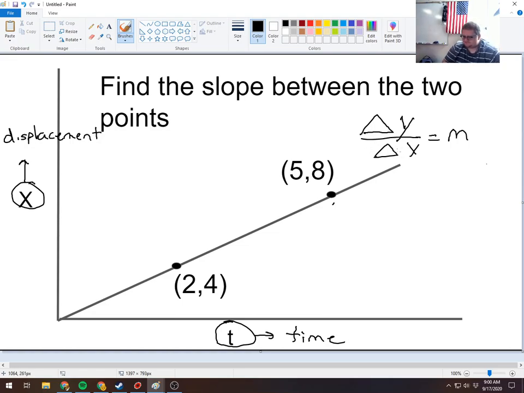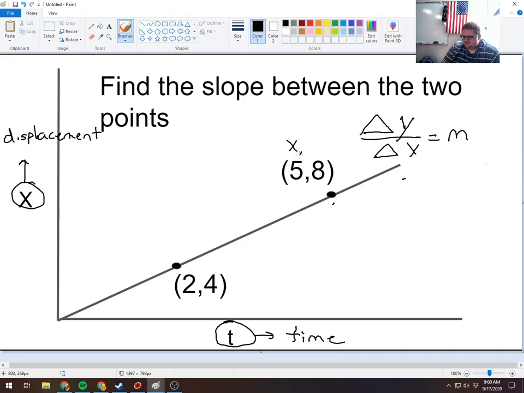Remember, when you take the change in something, you have to do final minus initial. The order matters because we're subtracting here. So it's last minus first, right? That's how you find your change. If I ask you how much you've grown over the last 5 years, you would take your height today minus your height from 5 years ago, and that would be the change. So in this case, that would be y2 minus y1, where the points are x comma y.